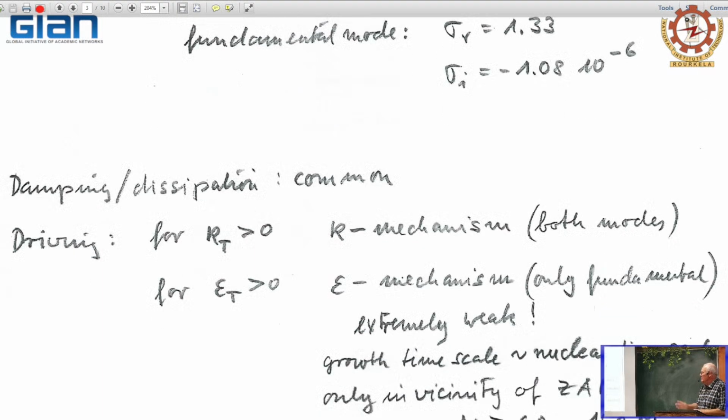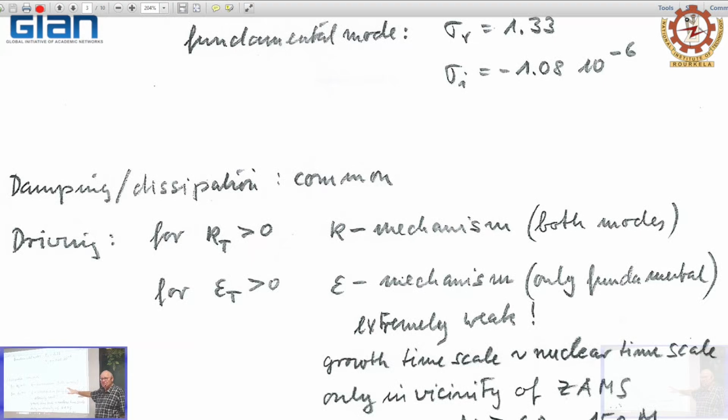Okay, so what we saw here is the result. Damping and dissipation is the normal effect, and driving is found once kappa T is bigger than 0, which is called the Kappa mechanism, or epsilon T is bigger than 0, which is the epsilon mechanism. Both modes are affected by the Kappa mechanism, as you saw.